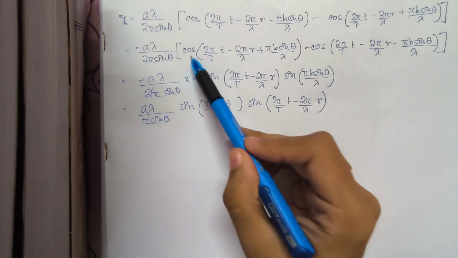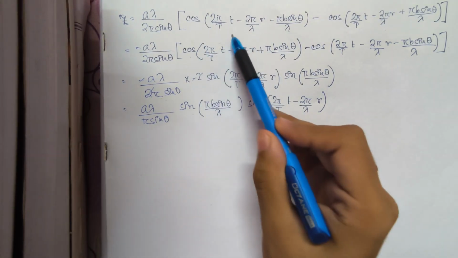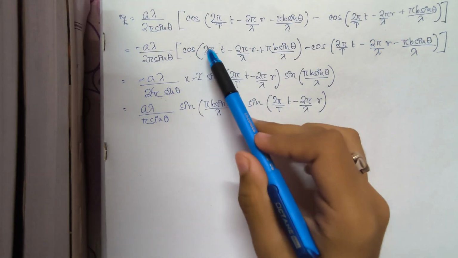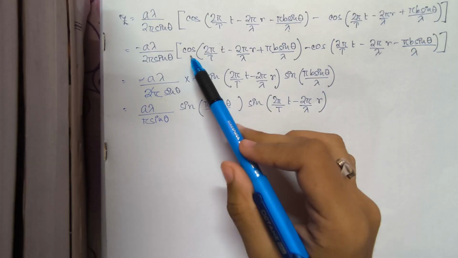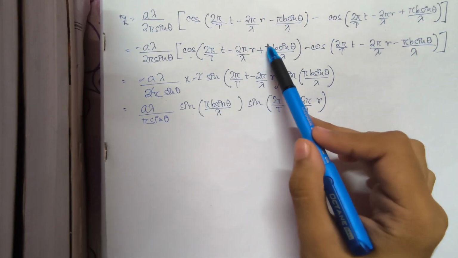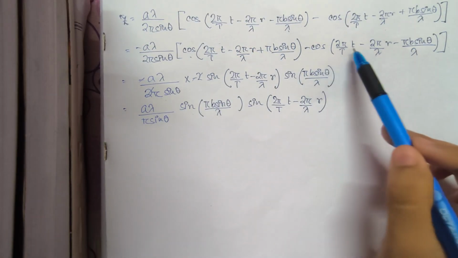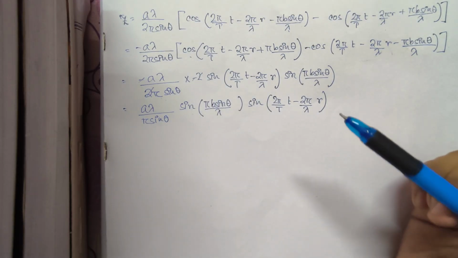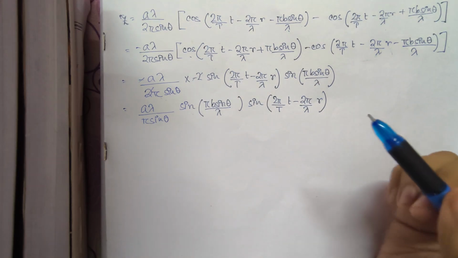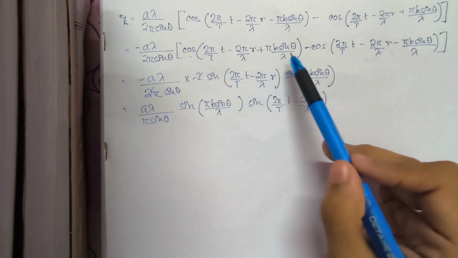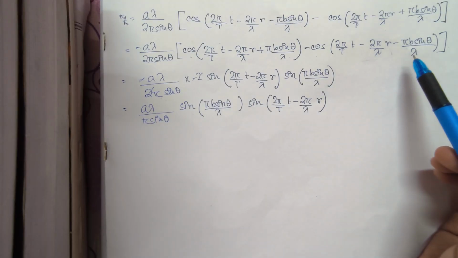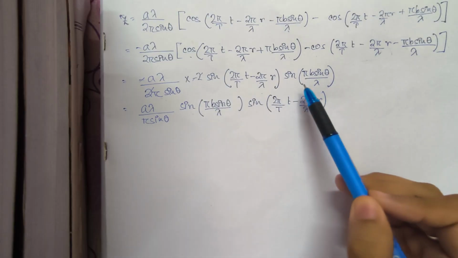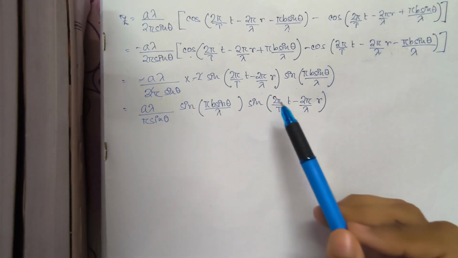So what is this? This is cos, and let this be a, and this also be a. That is cos(a plus b) minus cos(a minus b). And as we have learned in 10 plus 2 trigonometry, cos(a plus b) minus cos(a minus b) is minus 2 sine a into sine b.